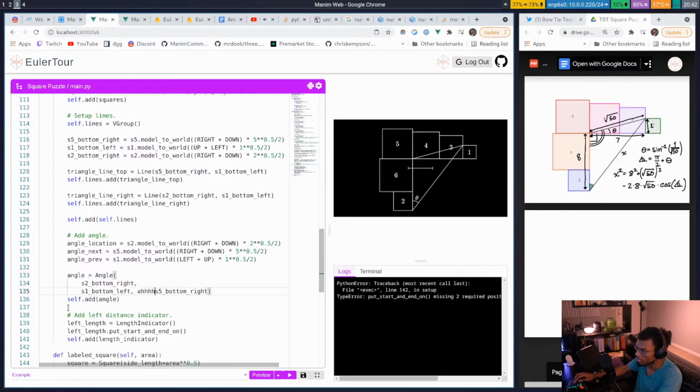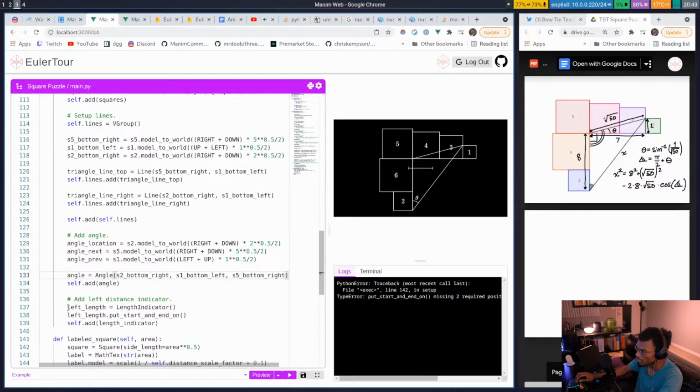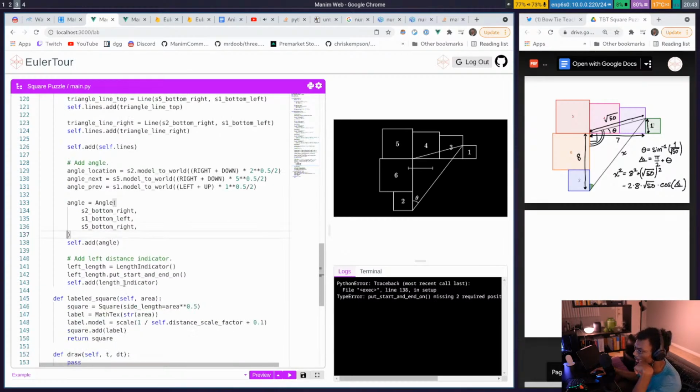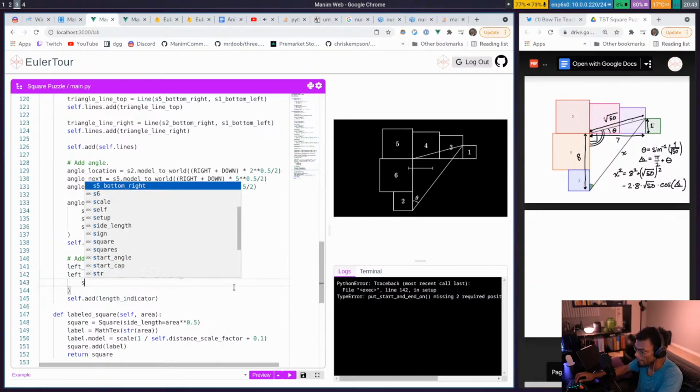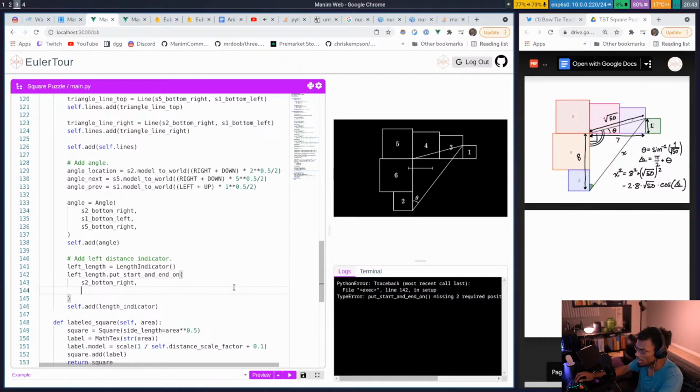I really should add some keystrokes to this. Save me some time. Yeah, like a better split up. I'll add that angle. And put start and end on. This will be the S2 bottom right and the S5 bottom right.